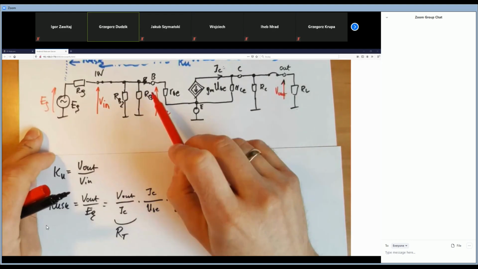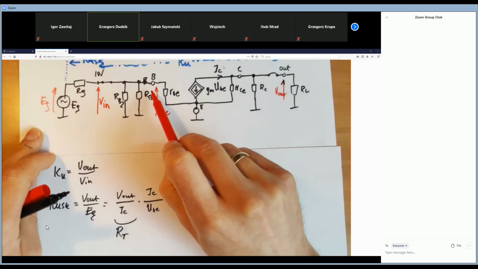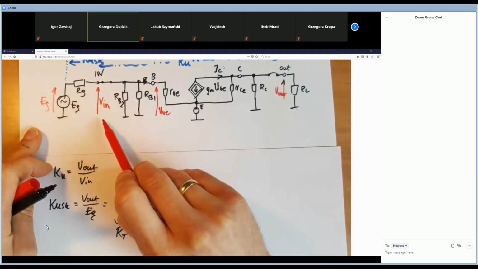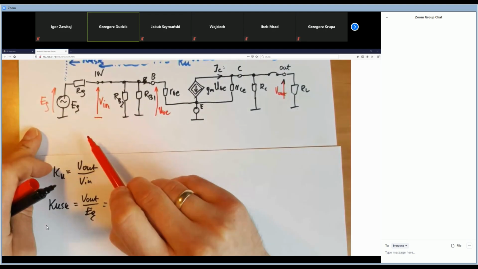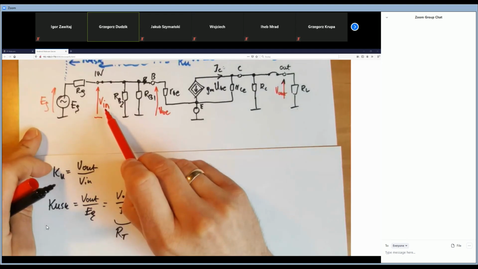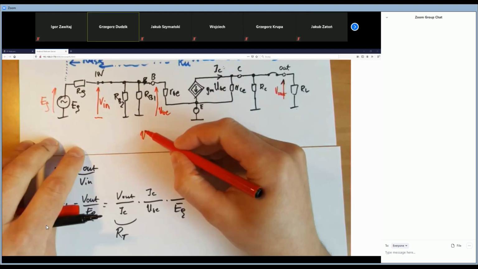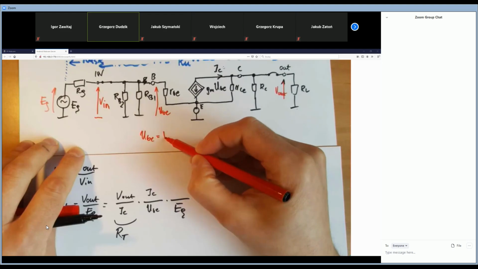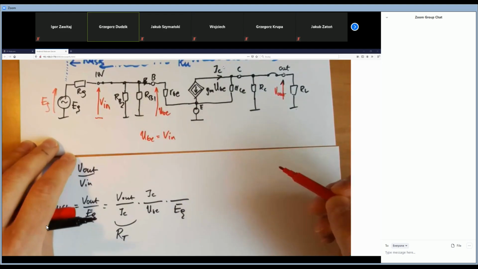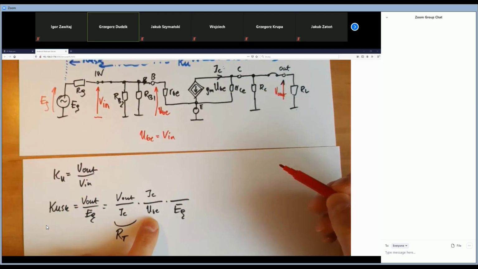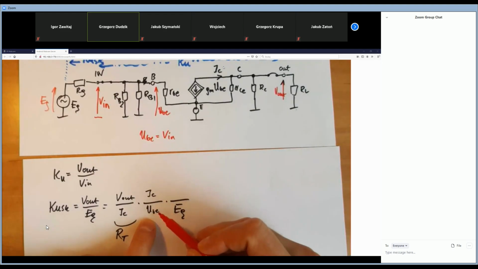And as you see, VBE, in fact, is the same voltage drop like the V in. Do you see it? Yes, of course. UBE is the same as the V in. So I can change this UBE by V in.